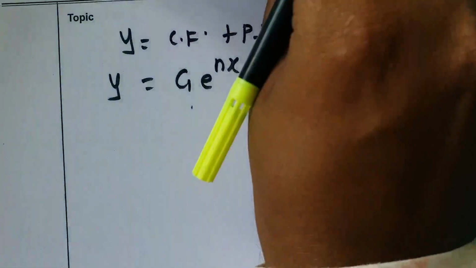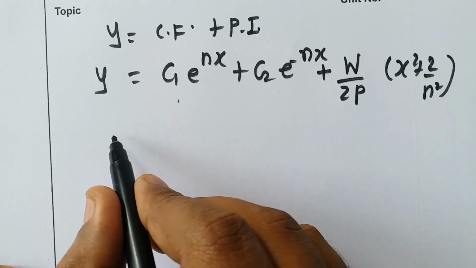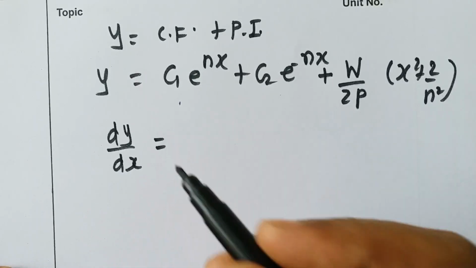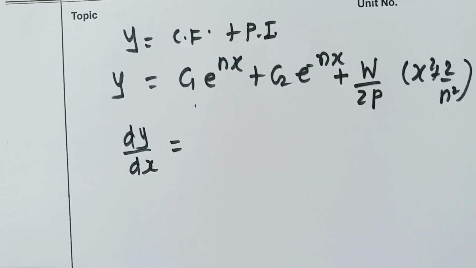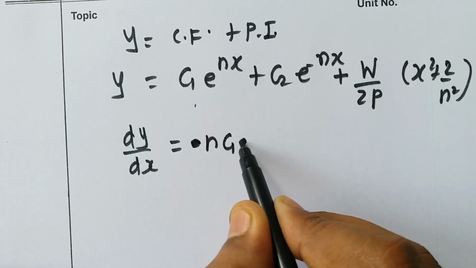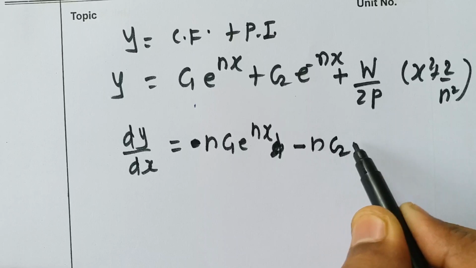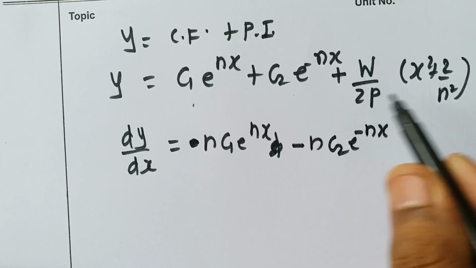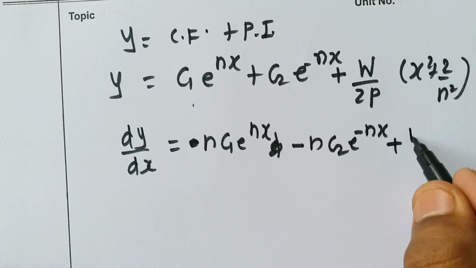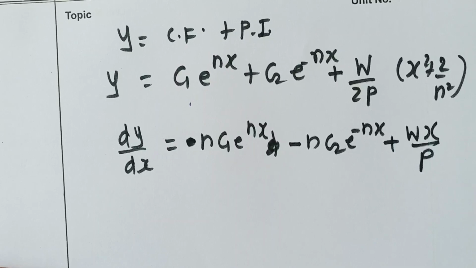Now we have to find the values of the constants using the initial conditions. For that purpose I am going to differentiate this also, because in one condition we have dy by dx equal to 0. After differentiating this we'll get n c1 e raised to nx minus n c2 e raised to minus nx, and the derivative of this term with respect to x, 2 will get cancelled, wx by p.